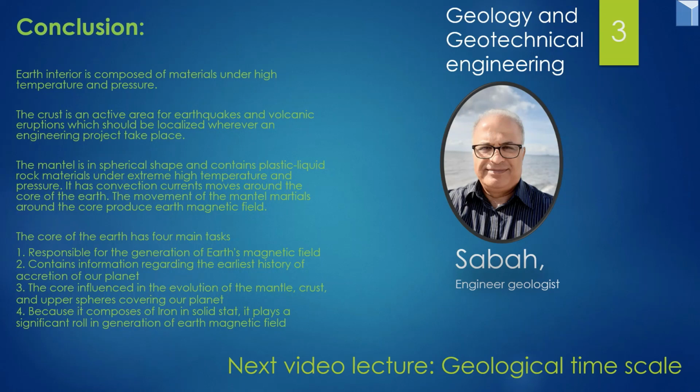The first one will cover the creation of our solar system, the other planets in our solar system, the creation of planet Earth, the creation of our moon, and the development that happened at the surface of the Earth during the geological time scales, beginning with the Phanerozoic and the Precambrian and also the Cambrian ages, which can be summarized in the Paleozoic, the Mesozoic, and also the Cenozoic periods and ages.